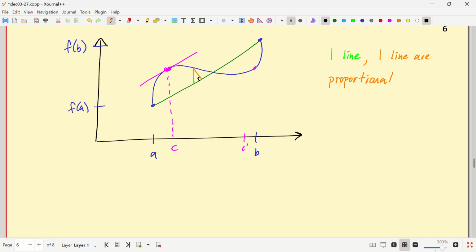So in fact, the orange line over the green line would be, what is that?